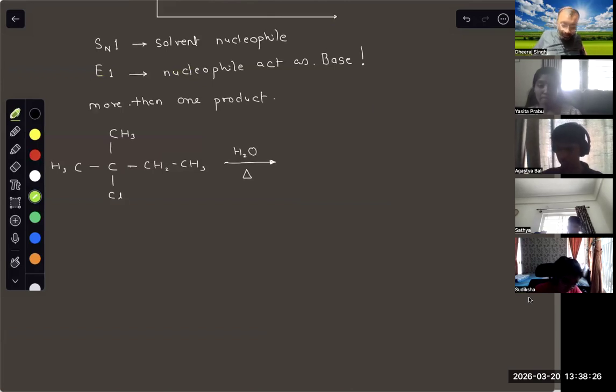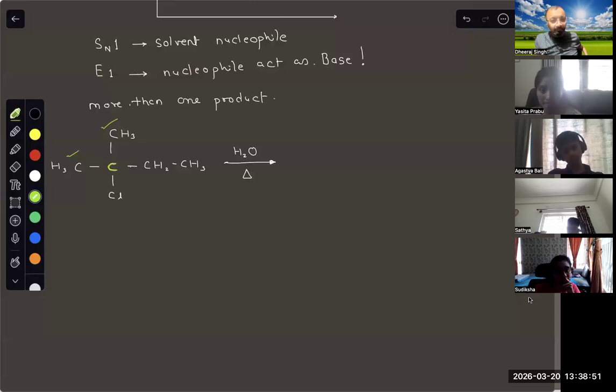How many adjacent carbons can you see to this? Four. Adjacent to this, 4. This is chlorine. 3, right? But aren't these two exactly the same? Whether you go this way or that way, the path is the same.